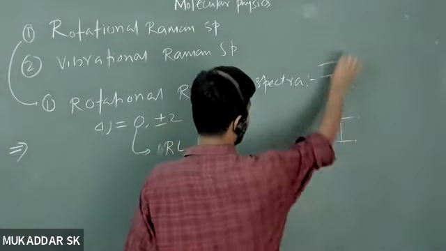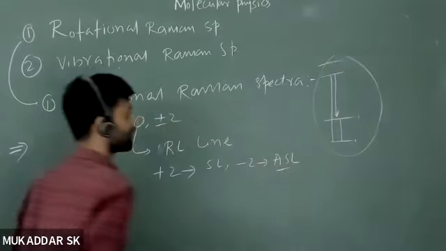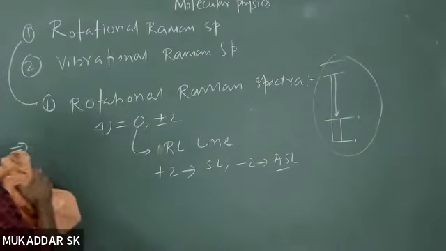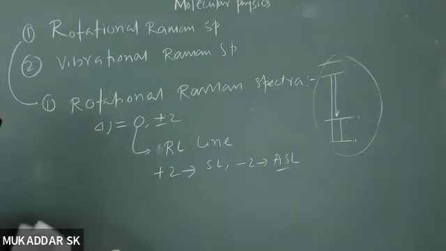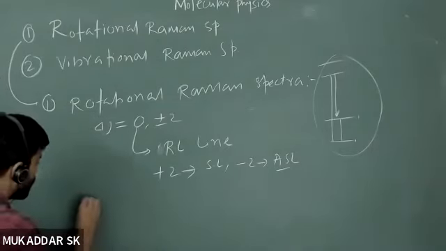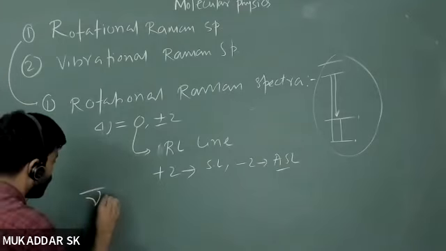ये क्लियर हुआ है? किसी का कोई डाउट है इसमें? Is there any doubt? So this is just a selection rule. Now I'll see the position of the Raman line, nu dash.